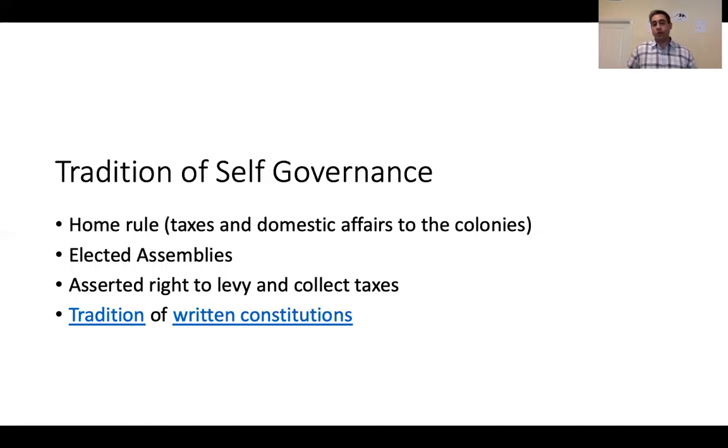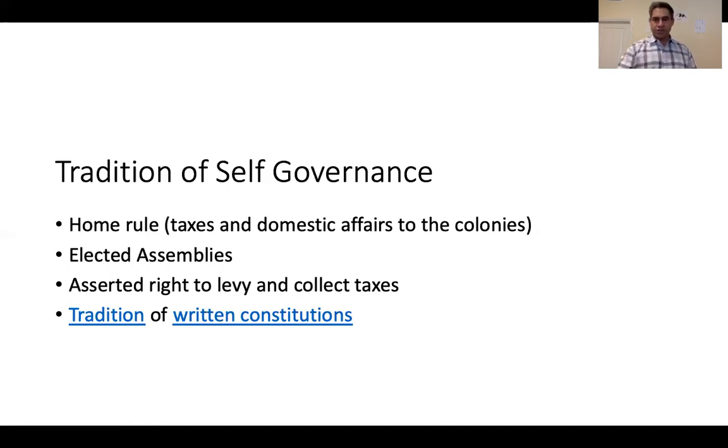So they were able to raise taxes and make decisions over the domestic affairs of their colonial government. They had early traditions of elected assemblies. They were choosing representatives to go to assemblies and make decisions, for example, about taxation and domestic policy on their behalf. And they asserted these rights to levy and collect taxes for colonial governments.